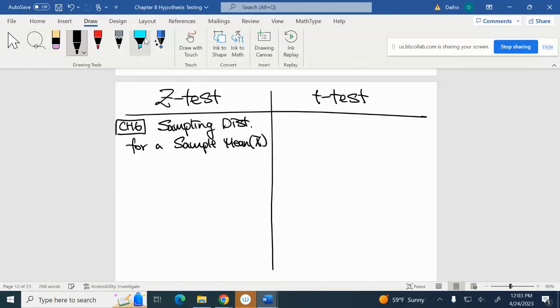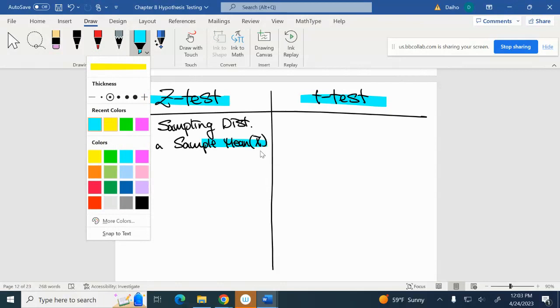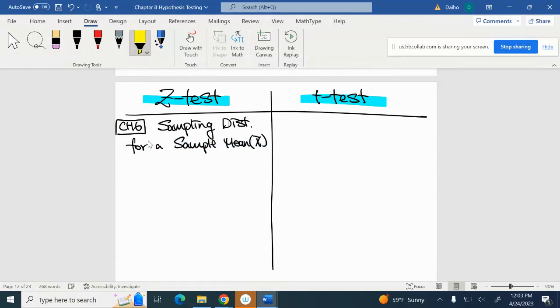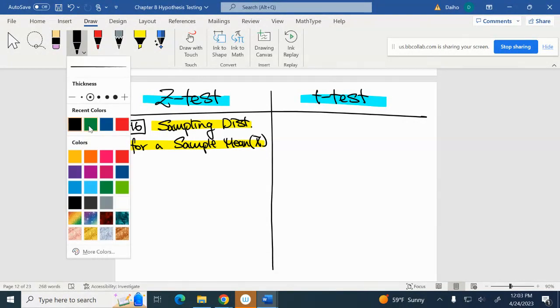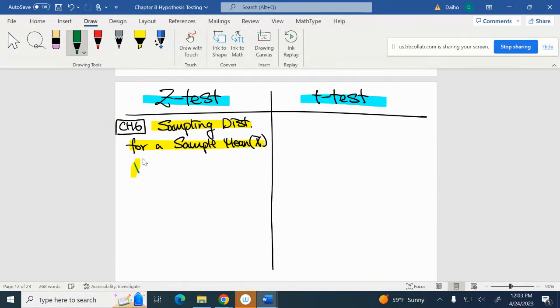X bar. Yes, we have 2 parts. And now in chapter 6, we had the sampling distribution for the sample mean, and we stated the sample mean has a normal distribution, with a mean and a standard deviation.